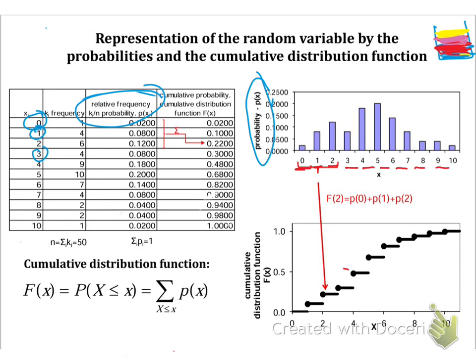Every time you are adding more, so it cannot go down. That's why the cumulative distribution function always goes up. Here it is down at 0, then up, up, up. Always it goes up to the maximum. So this is the last level.